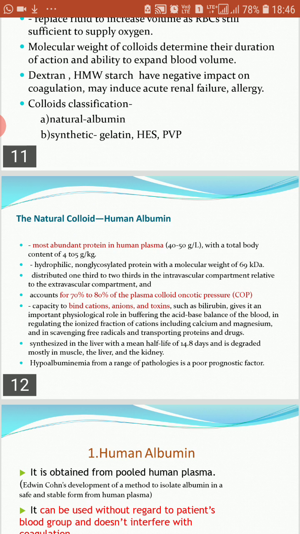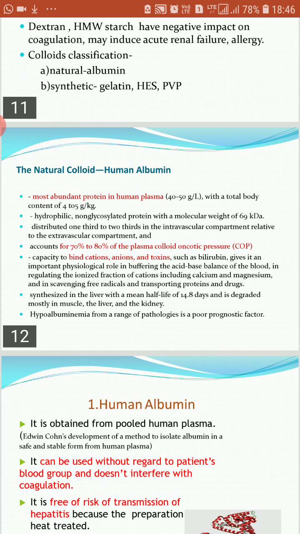It means normally also albumin is responsible for the oncotic pressure in plasma. Another feature of albumin is that it can bind to cations, anions and toxins like bilirubin, excess of bilirubin. So it is useful to maintain the acid-base balance of the blood also.